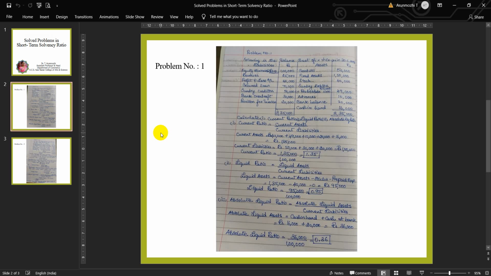That is, current assets should be 2 times current liabilities. With such a ratio between its current assets and current liabilities, the business concern will be able to meet its current obligations easily.